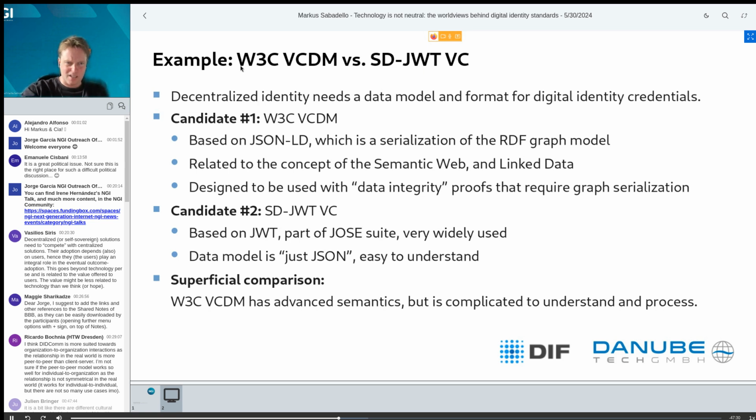And in this case, I also picked two technologies that are both quite successful, I think, in the community. One is the W3C verifiable credential data model, and the other one is SD-JWT VC. And there are also more. I know there's also ISO mobile driver's license and ACDCs and AnonCreds and so on. But I tried to pick these two, and again, I tried to make a superficial comparison and then look a little bit behind what's behind them.